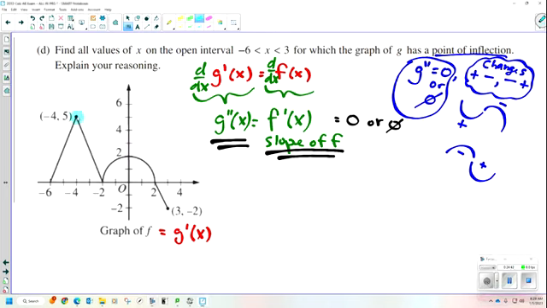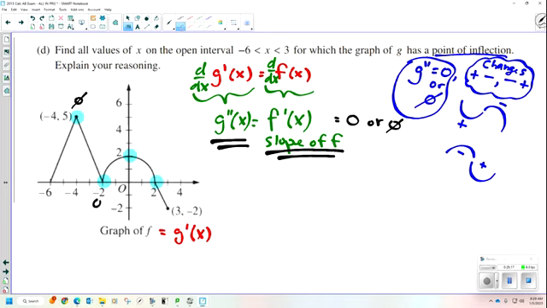Here, that's a corner, so my slope is undefined. Here, that is a cusp, so my slope is undefined. Right here, there's a horizontal tangent line, so my slope is 0. And it looks like right here, there's another sort of corner or cusp. So my slope is undefined here.